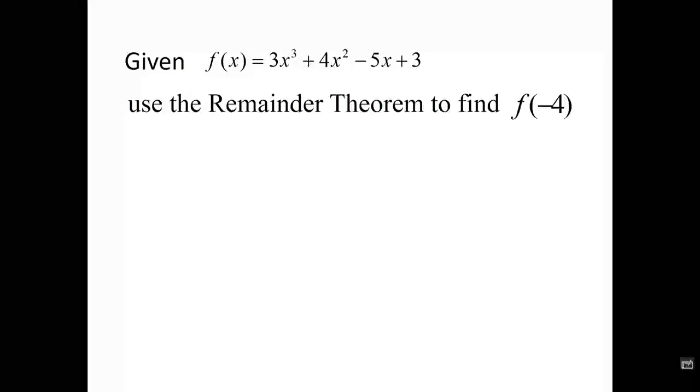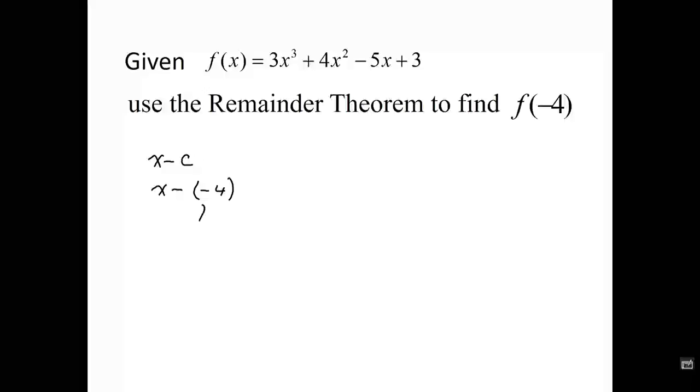If we use the remainder theorem, we're dividing by x minus c, but in this case, you can write this as x minus a negative 4.